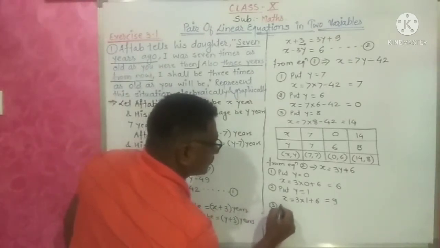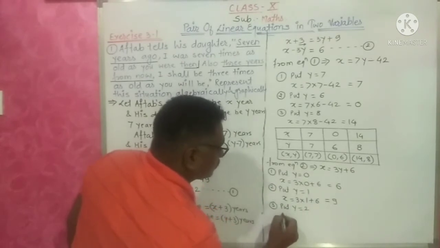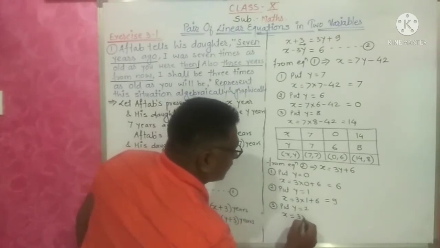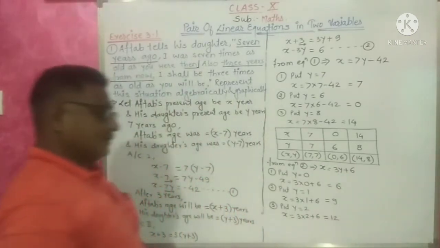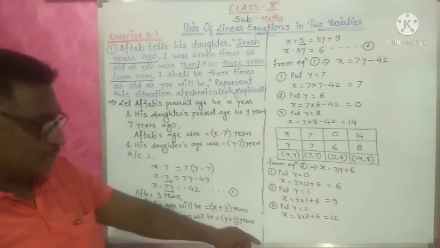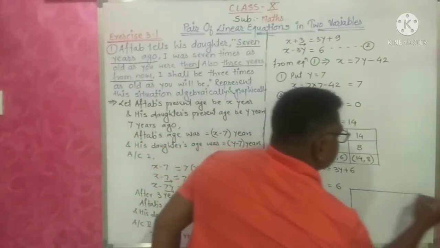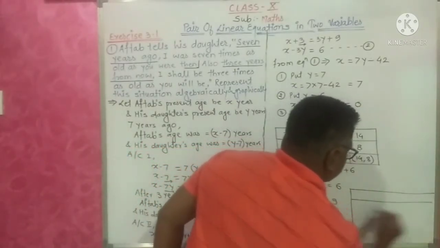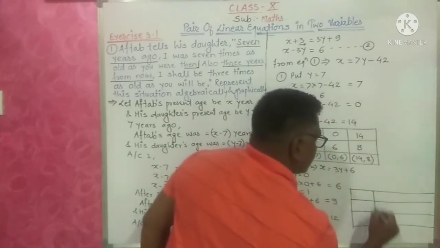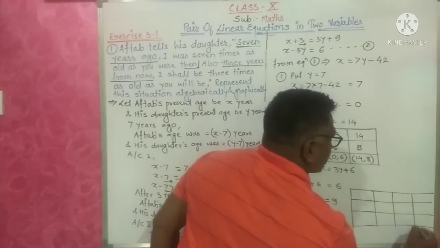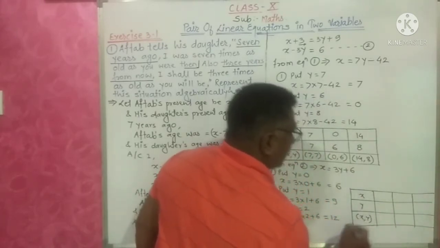Third, put y equals to 2. So x equals to 3 into 2 plus 6. What will we get? 12. So this has to be written in the form of a table. In this way, x, y, x comma y.